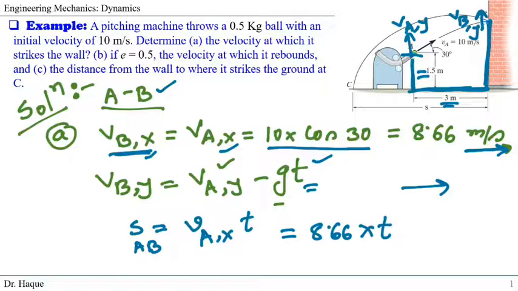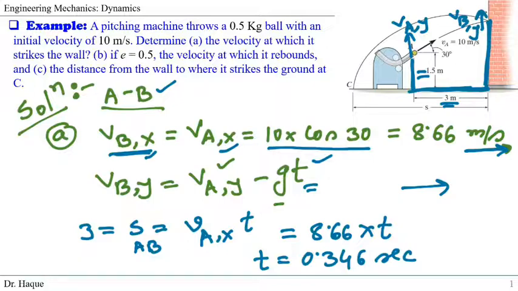So from this equation, what is S AB? It is given, 3. So if I plug 3 here, I can find T, which equals 0.346 seconds.